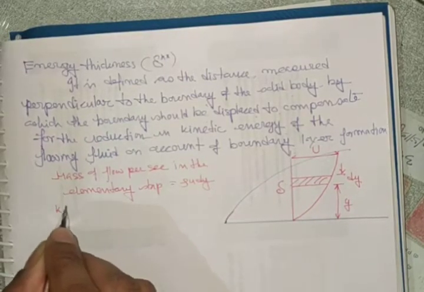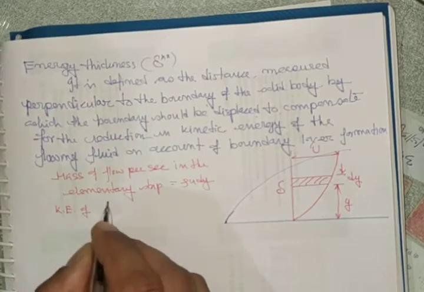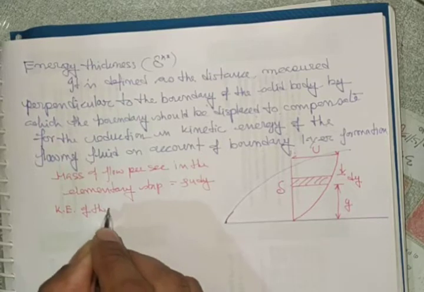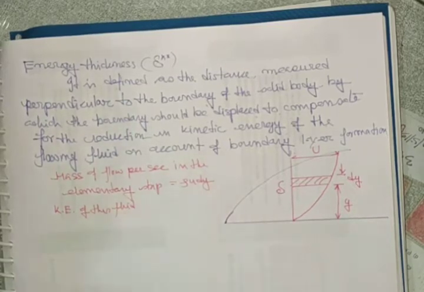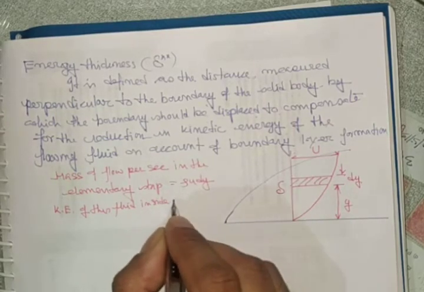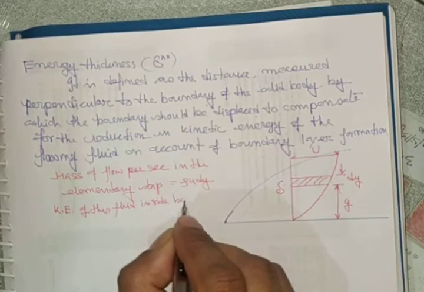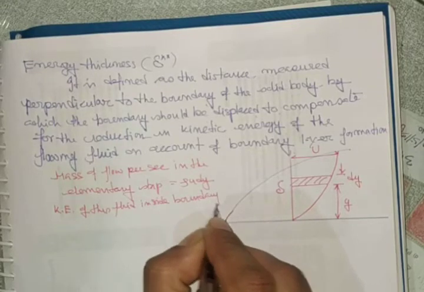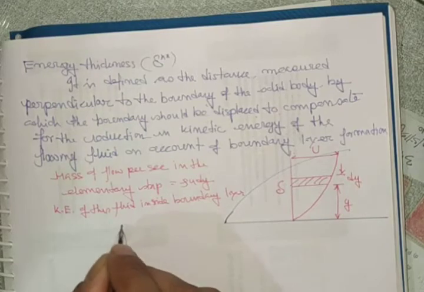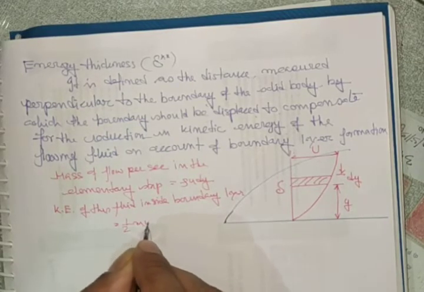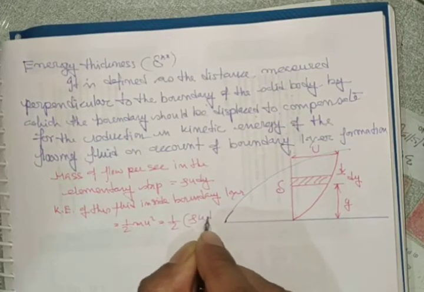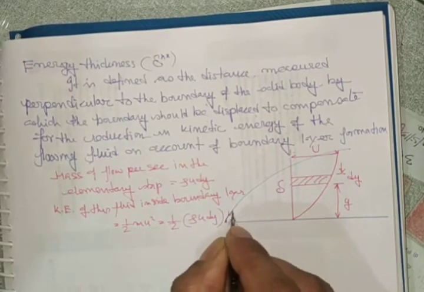So if you find out the kinetic energy of this fluid inside the boundary layer, it will be half rho u del y and small u square.